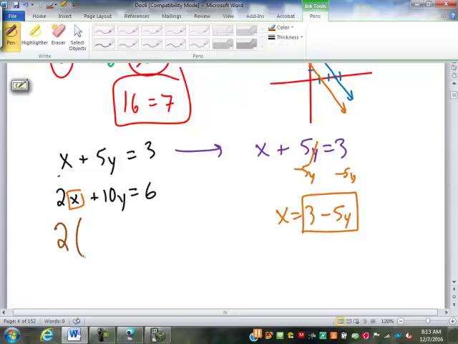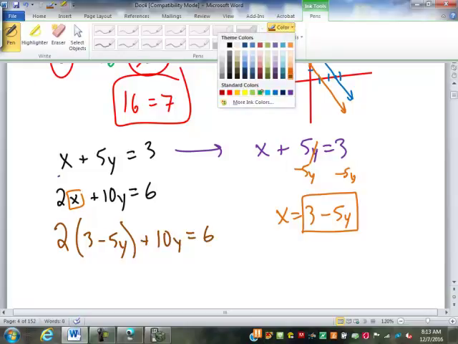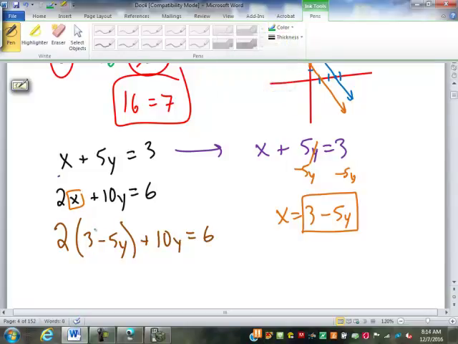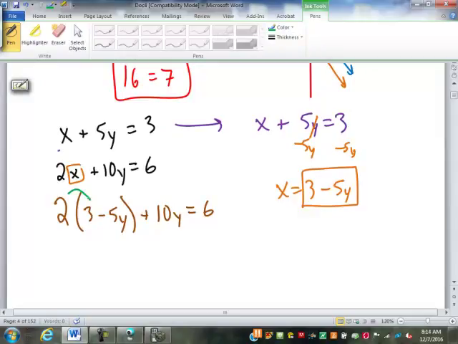So 2 times, instead of x, I'm putting in 3 minus 5y. Now I have to deal with the parentheses. 2 times 3, 6. 2 times negative 5, negative 10y, plus 10y, equals 6.